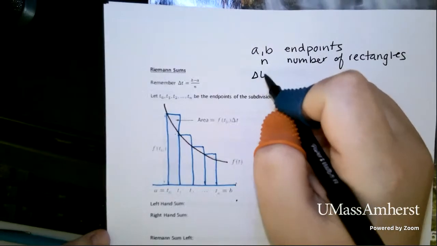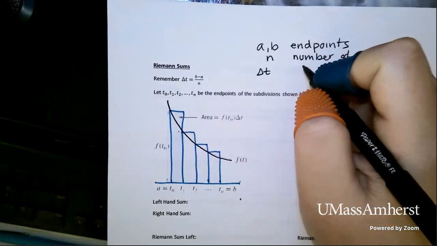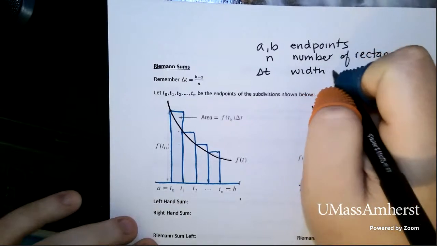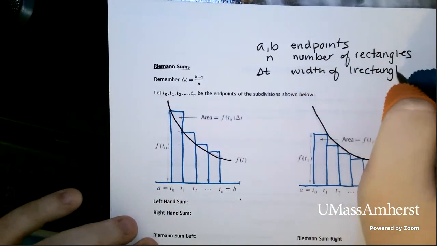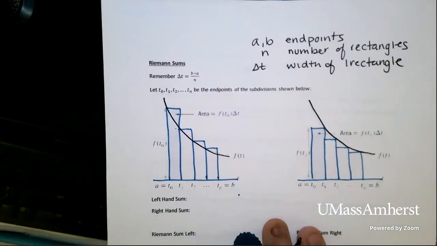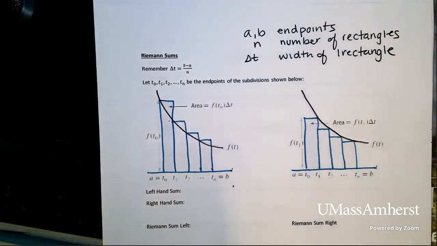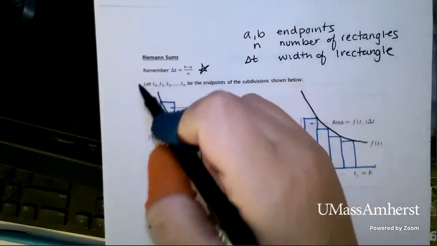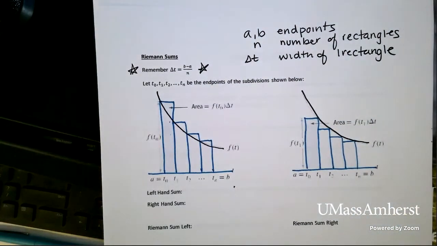And we had delta T, which was the value which we were counting by, which was also the width of one rectangle. Oftentimes you're counting by 2s or by 4. So if delta T is 4, that means you're counting by 4s to get from A to B between the endpoints. We also had this relationship that delta T could be found by doing B minus A over N. So these are all related.